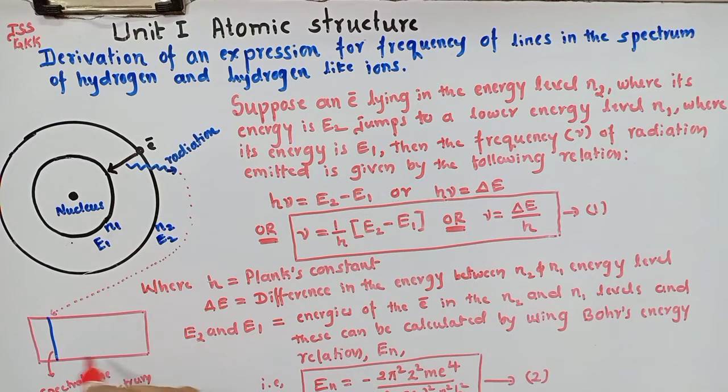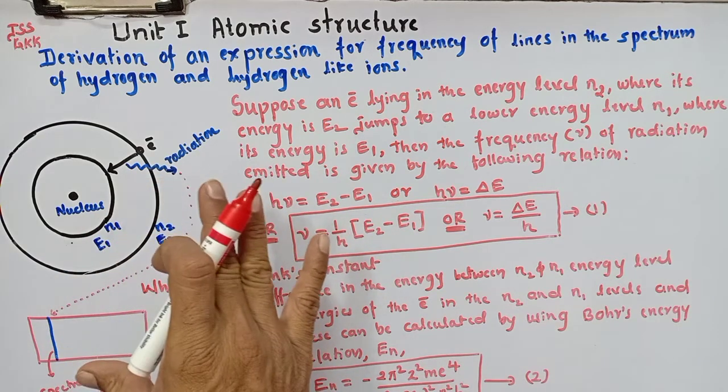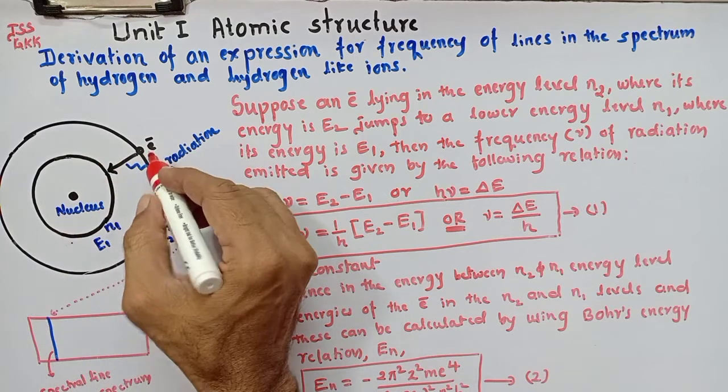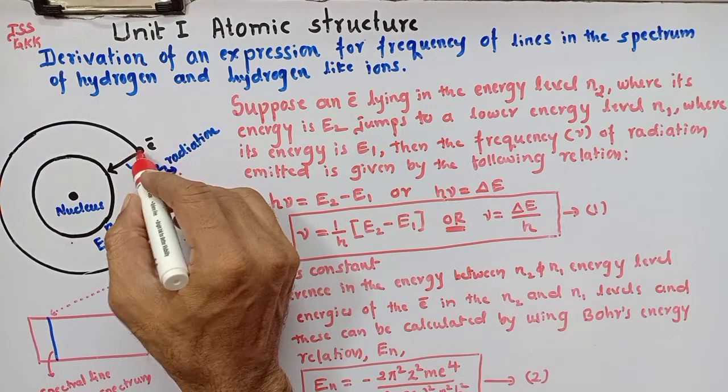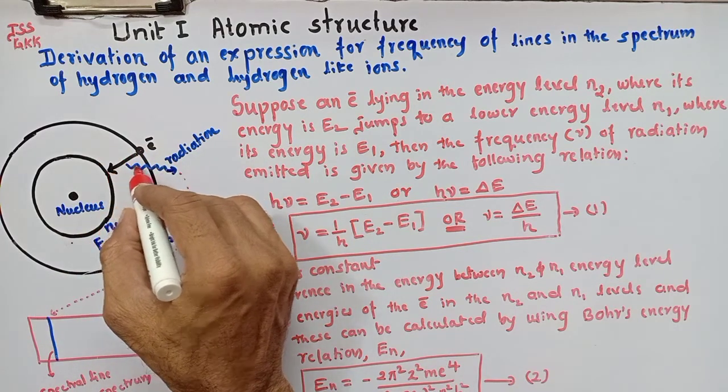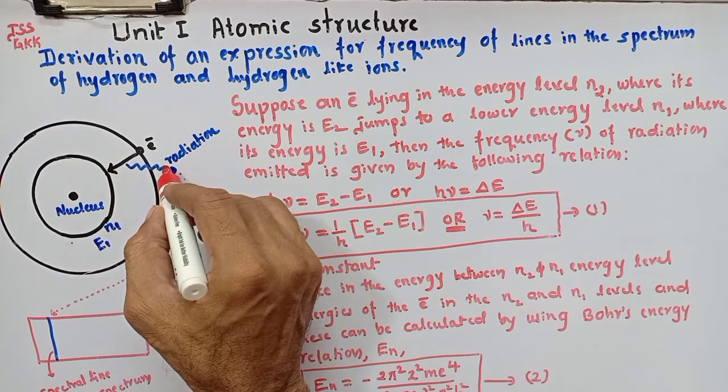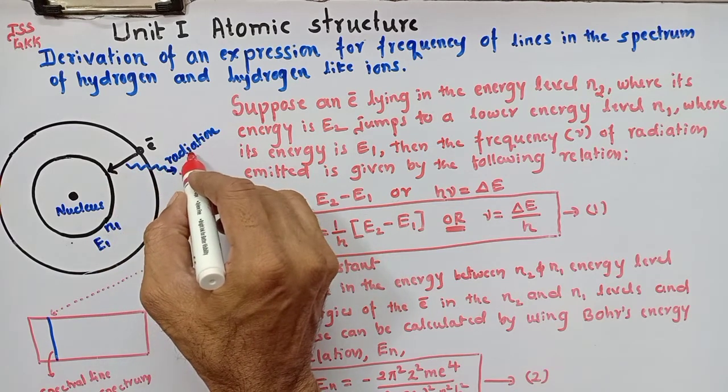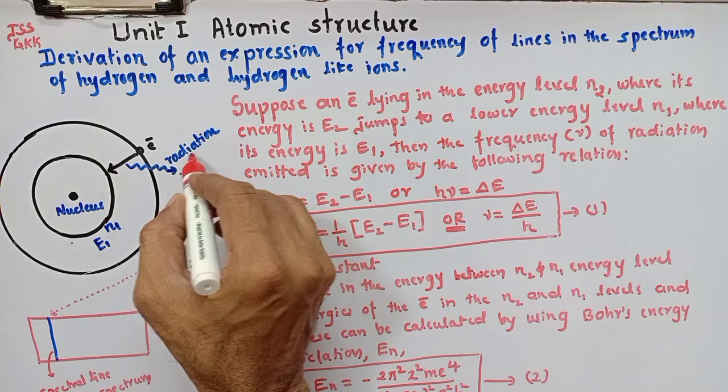Now, how will this spectral line appear in the hydrogen spectrum or any spectrum? This is a very simple basic concept. Whenever an electron jumps from a higher energy level to a lower energy level, it will emit radiation, or lose energy in the form of radiation, and this radiation has a particular frequency or wavelength.